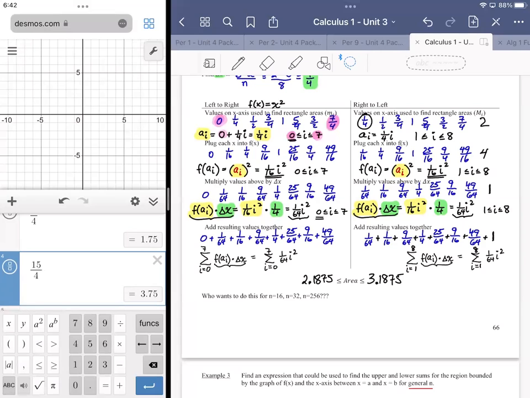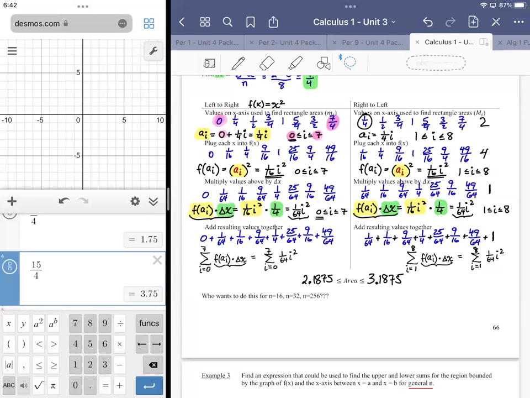But now we brought it in a little bit closer. It's between 2.19 and 3.19, ish. So it's a truer estimate of the area. We're narrowing the field, so we're closing in on it.